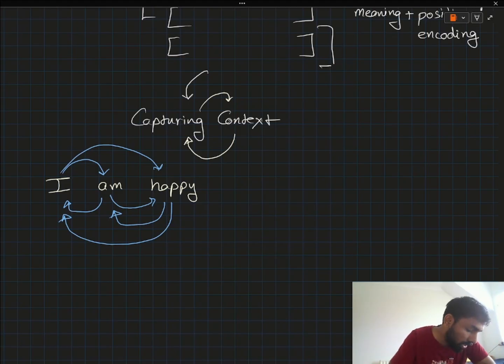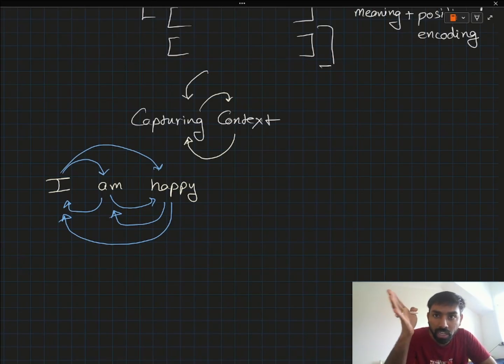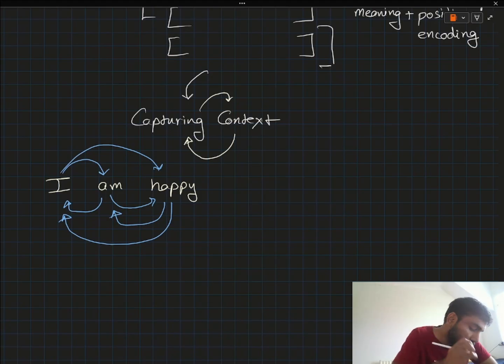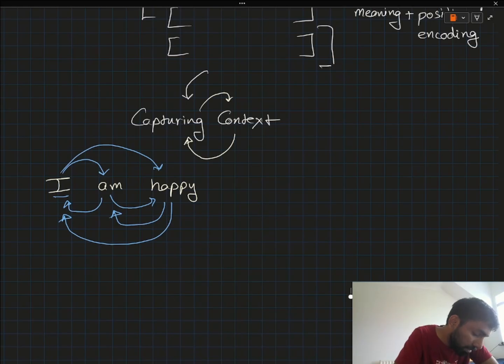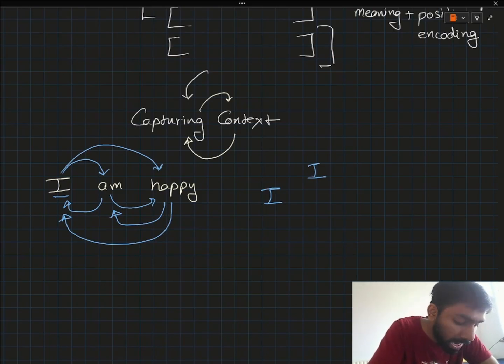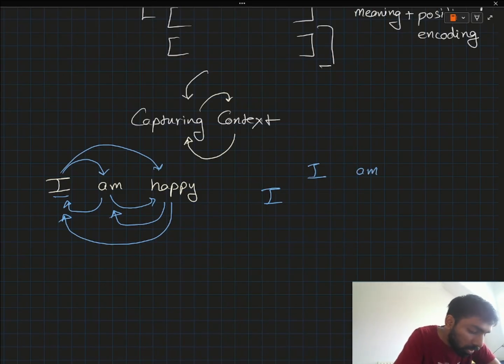Now these could be high impact or low impact based on their relation. So what I want is a table. Before I understand what attention does, what do I want when I talk about attention? I want the attention of every one token or word on every other word. What is my relation of I to I, how is my I related to am, how is my I related to happy, and I'll try to give it a number.